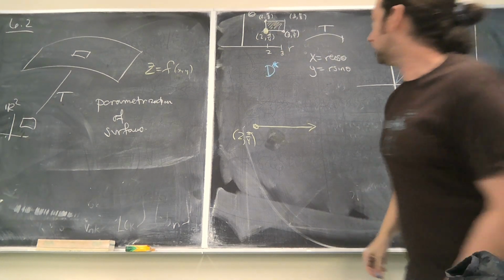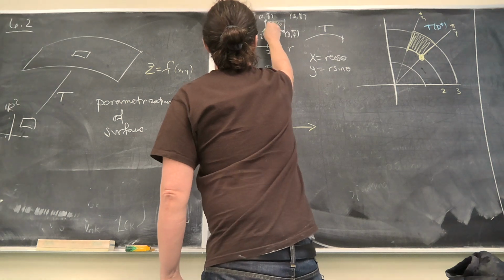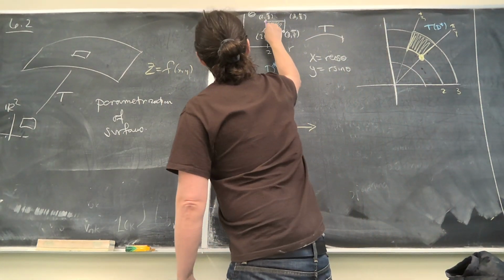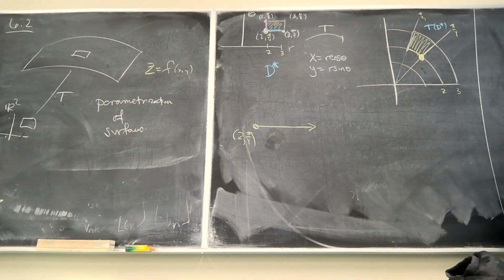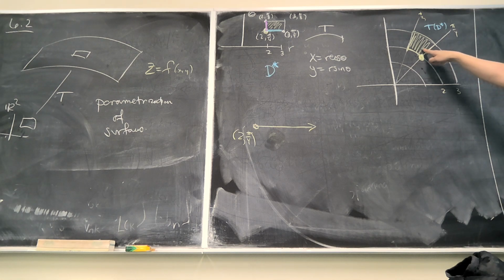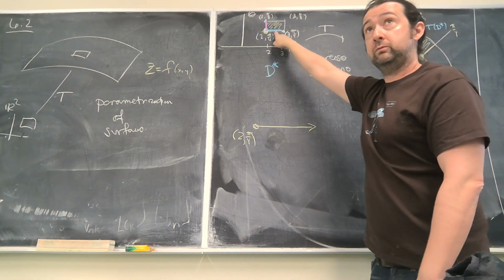This edge of the rectangle and this edge, I'm going to think about those as vectors, and I'm going to figure out where the vectors moved under the transformation. This is what the image of the rectangle is, but where do the vectors go?